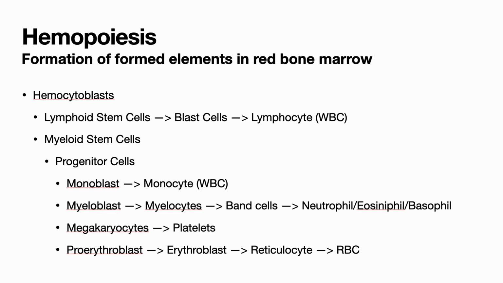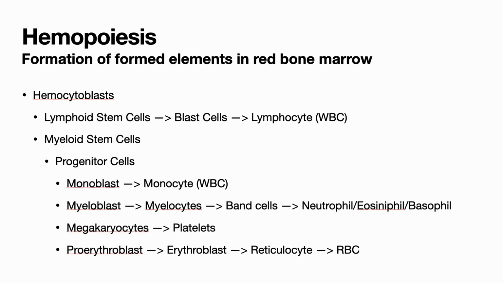All right, so we have a fancy word called hemopoiesis, which is the formation of formed elements in the red bone marrow. It can also be called hematopoiesis, so just be aware of that. We've got multiple words going on there. All of our blood cells are going to begin with stem cells known as hemocytoblasts.